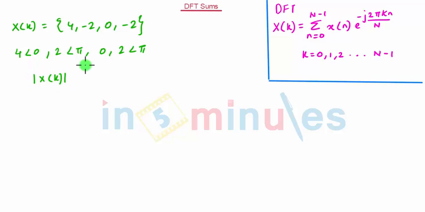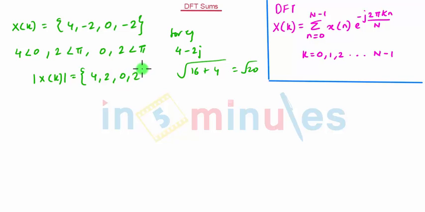That is, if for example we have 4 minus 2j, so for calculating the magnitude, we have to square both the terms. 16 plus square of 2, that is 4, that comes out to be root 20. Basically the formula is root of x square plus y square. So we'll calculate the magnitude spectrum of each of the terms. It comes out to be 4, 2, 0 and 2.